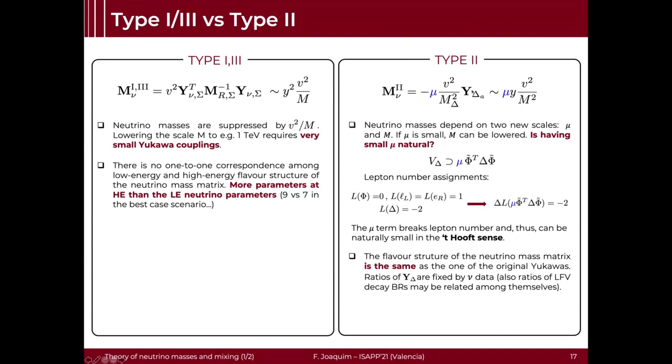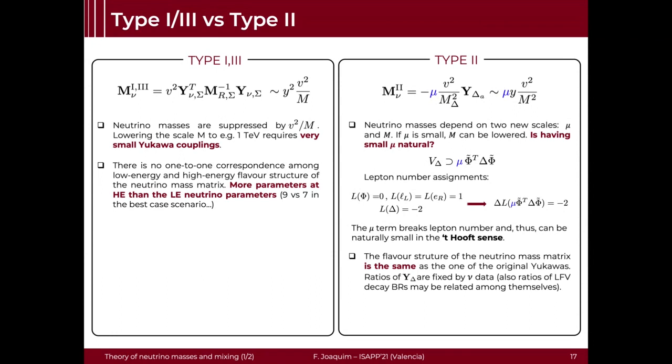So basically, the unitary matrix that diagonalizes M is the same that diagonalizes the Yukawa coupling matrix in the original Lagrangian. This is very nice because these couplings are involved in many other processes which occur in the type 2 seesaw mechanism, like lepton flavor violating decays.